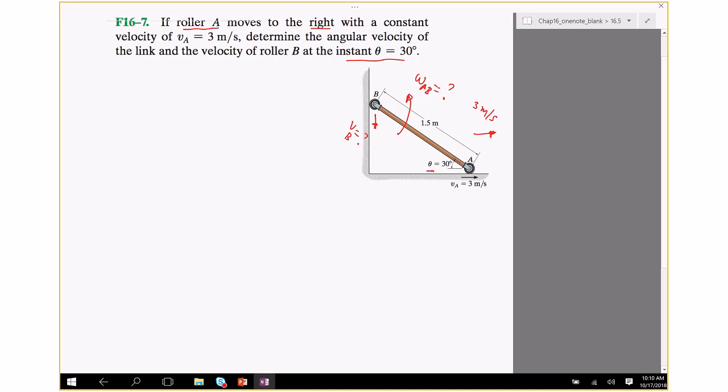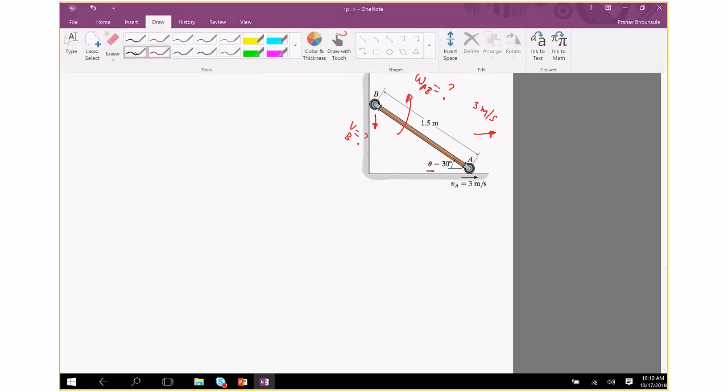Okay, so there are two things asked. We need to find the velocity of point B and the angular velocity of the link AB.